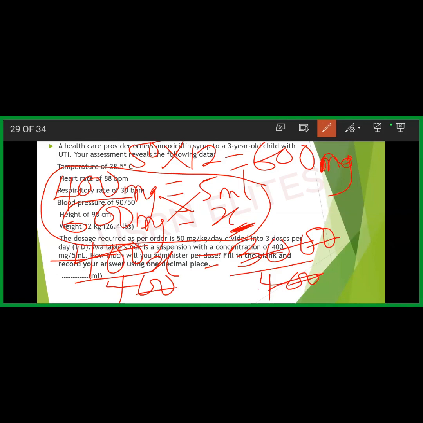So this one is for the whole day, a dosage for the whole day. So we had 7.5, which is for the whole day, but the question said 3 doses. You see 3 doses. So 7.5 divided by 3, you get it.